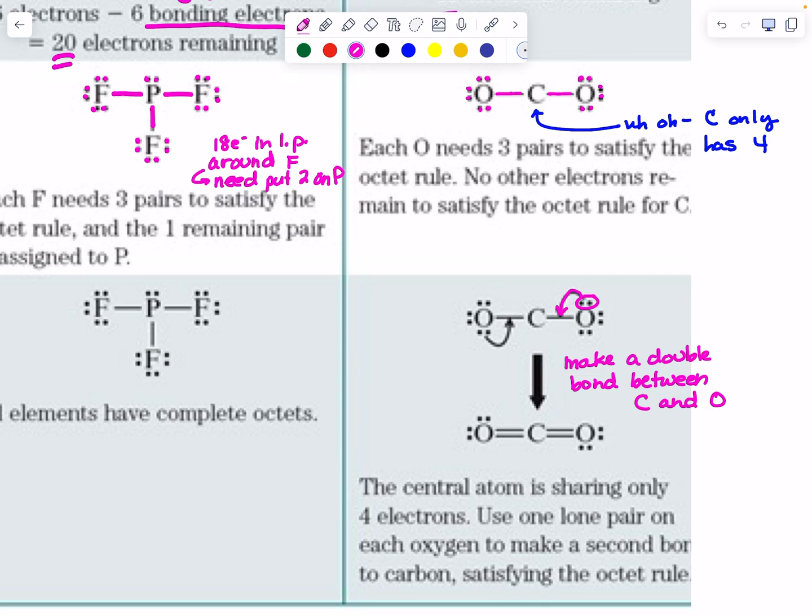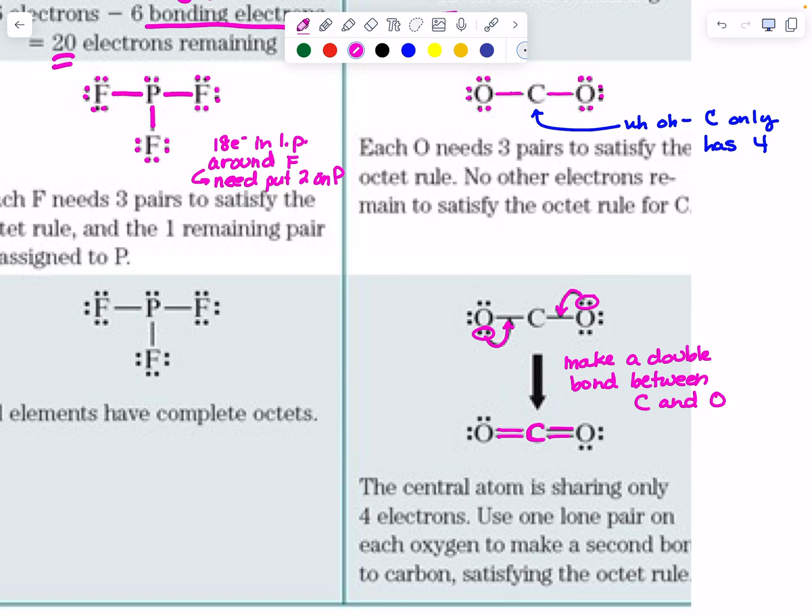But now, when I look at my carbon, if I do that with the oxygen on both sides, what happens is now my carbon has 4 bonds. Each bond is 2 electrons, so that's 8 electrons around it. Okay?